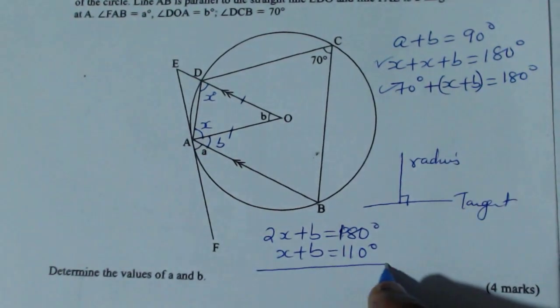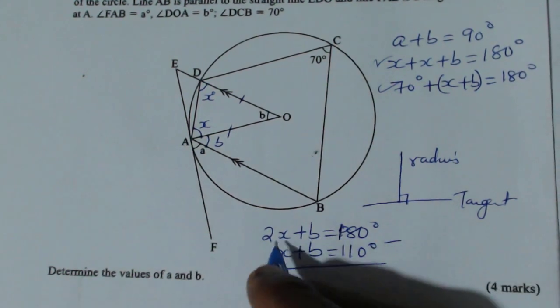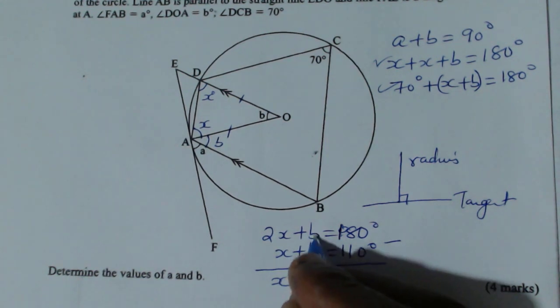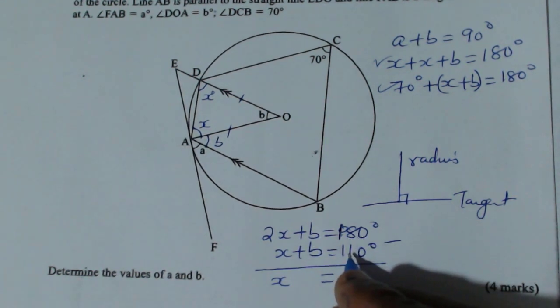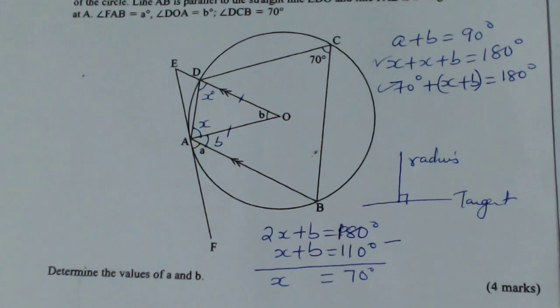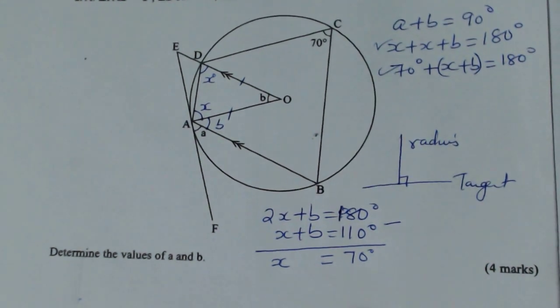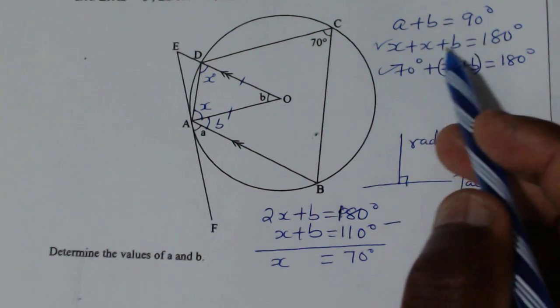I can solve this simultaneous equation by eliminating b. So 2x minus x, you get x. b minus b, you get 0. So 180 minus 110, you get 70 degrees. So x is 70 degrees. If x is 70 degrees, then it is possible to use the same expression and get the other angles.